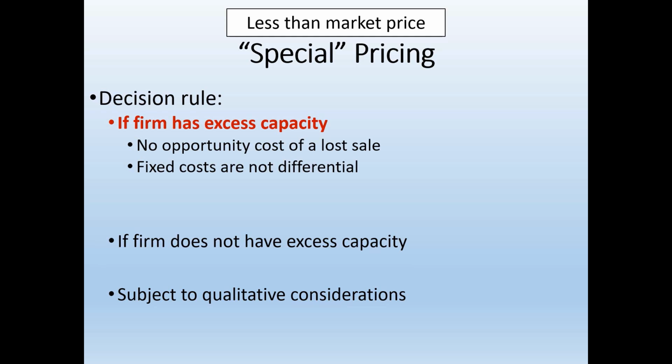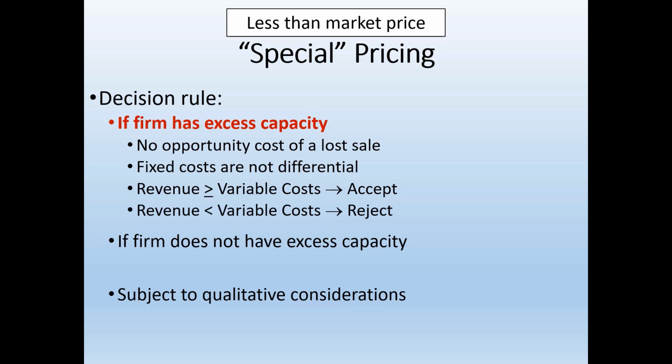The firm doesn't have to buy more machinery in order to accommodate the special order. So, as long as the revenues at the special price at least cover the variable costs of fulfilling the order, then it makes economic sense for the firm to accept the order.